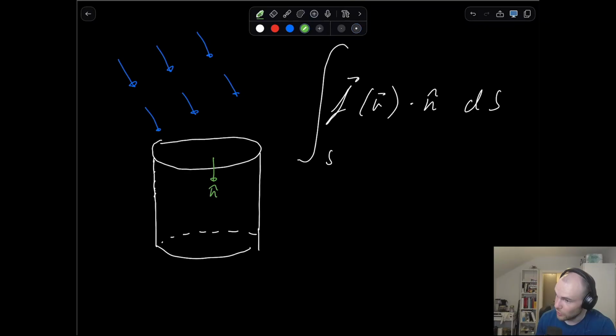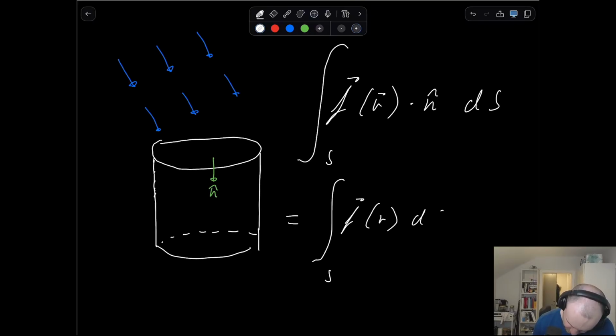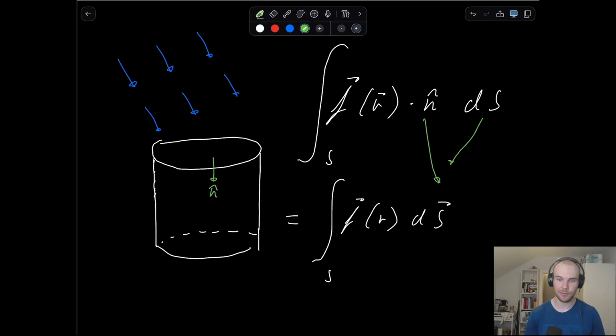You could also write this as, of course, the integral over S of F of r dotted with ds as a vector. That's just these two guys combined, right? Okay, so that's what it means. That's how I think about it. Okay, that should be pretty clear. And this is called, of course, flux, right?